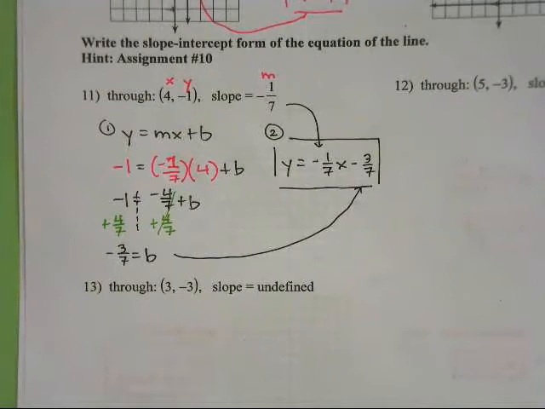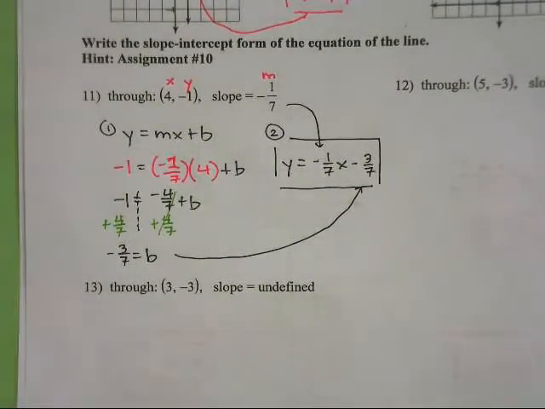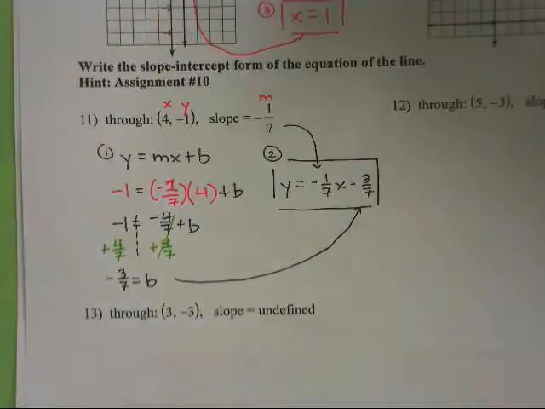Okay, plug in the slope and then the y-intercept that you solved for, and then that will be okay. Great. Any questions on this two-step process for number 11, which was, I think, a month and a half ago? Oh, shoot, almost 2 months ago, I think. Okay. Great.